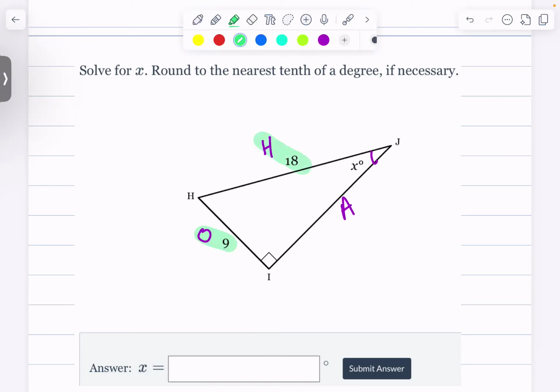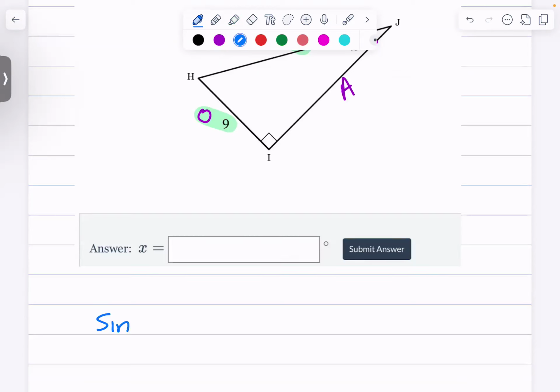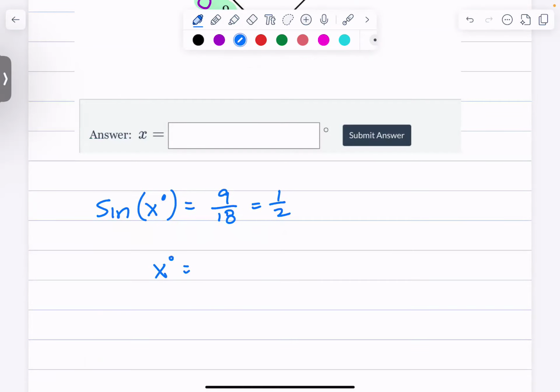What deals with opposite and hypotenuse? Sine. So sine of this angle, x degrees, is equal to 9 over 18, which is 1 over 2. So on your calculator, you need to put the sine inverse of 1/2. You are going to learn later on that that is 30 degrees.